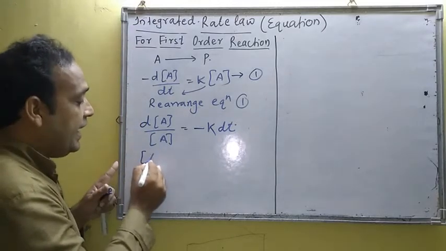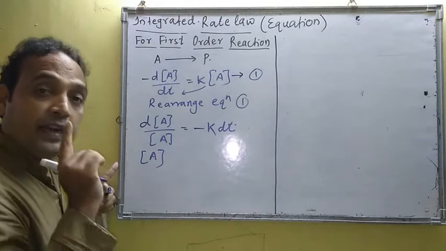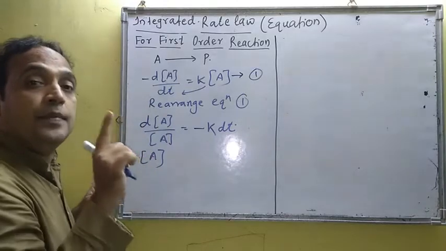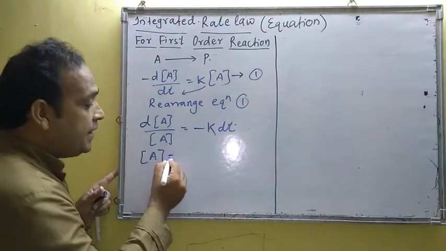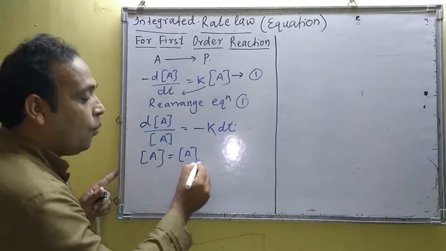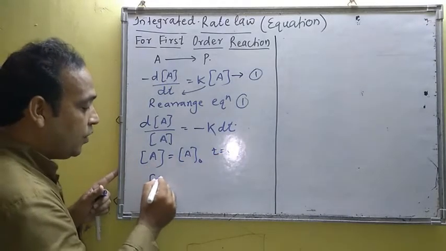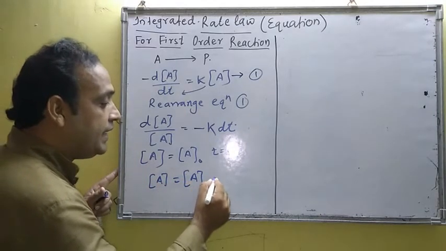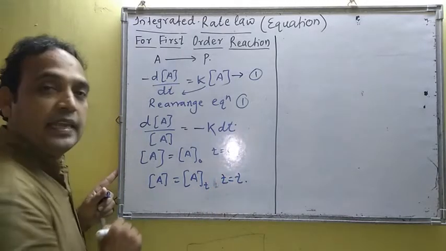Here A is the concentration of reactant A at time t.